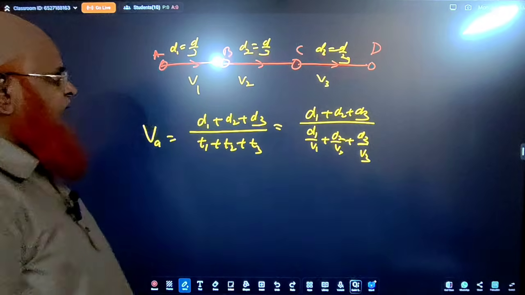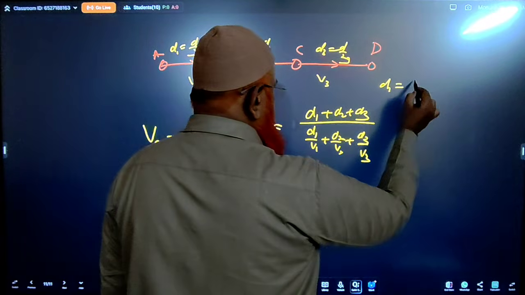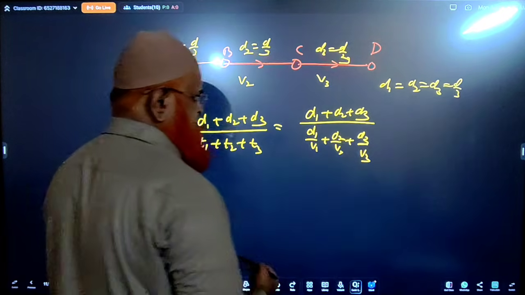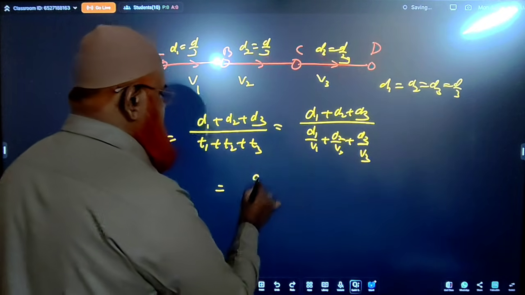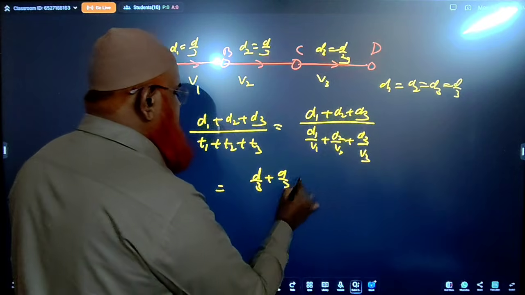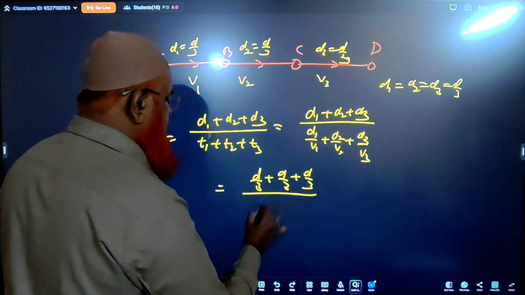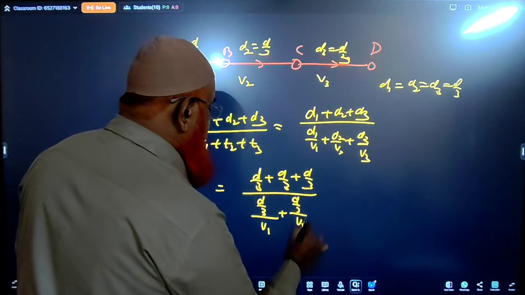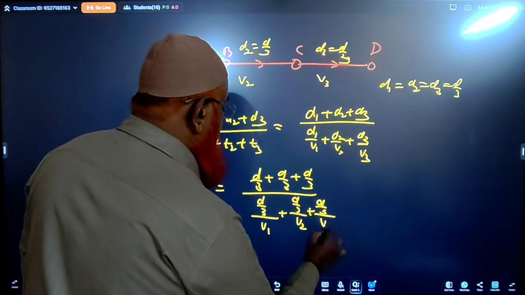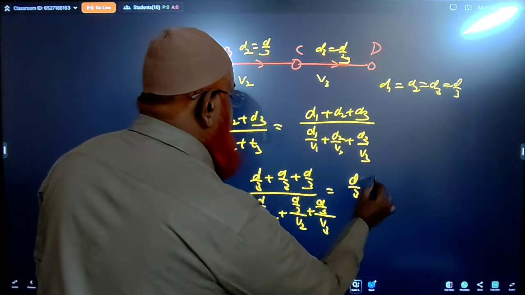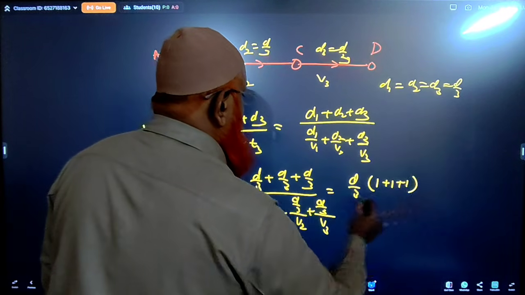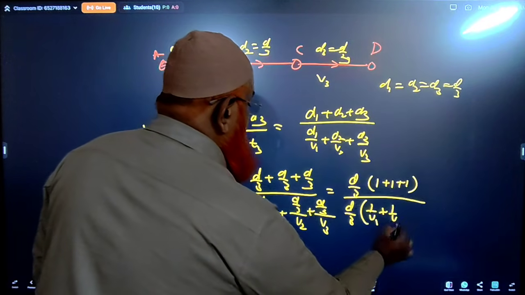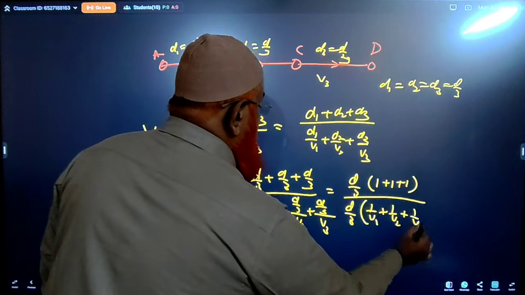Now as you know that d1 is equal to d2 is equal to d3 is equal to d by 3, we can write all the distances as d by 3 plus d by 3 plus d by 3 divided by d by 3 divided by v1, d by 3 divided by v2, again d by 3 divided by v3. So common out all d by 3 is 1 plus 1 plus 1 divided by d by 3 times 1 by v1 plus 1 by v2 plus 1 by v3 here.